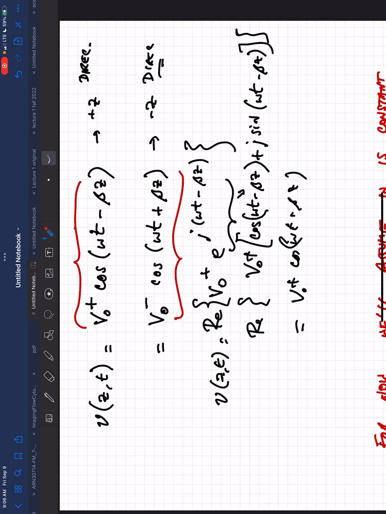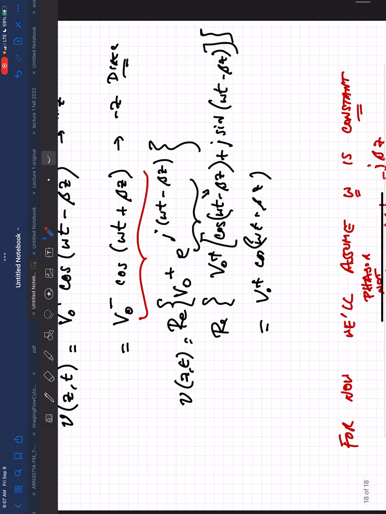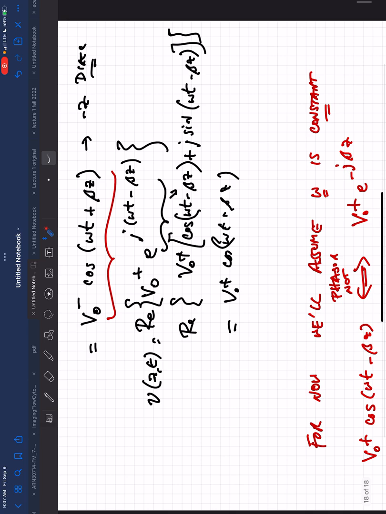Sorry, I'm just giving you guys, this is why I avoided the step, but it hosed me up. So what this phasor notation is saying is, I'm just going to remember this, and I'm going to get rid of that, because I'm going to assume that omega is constant.